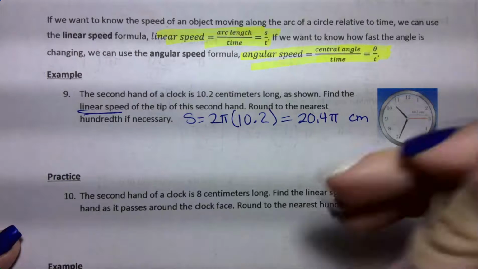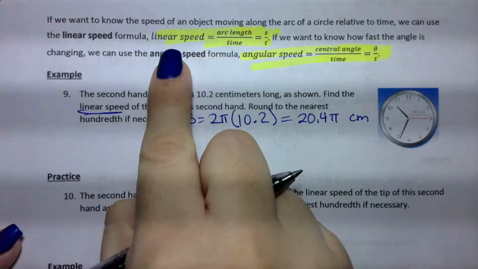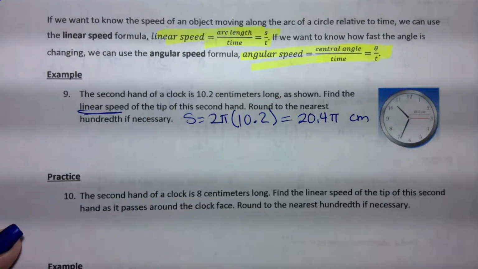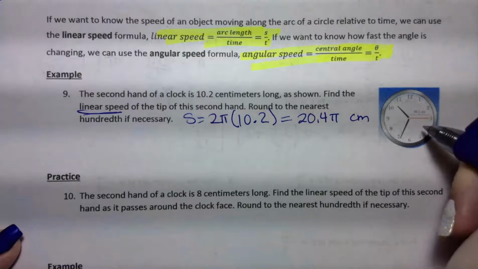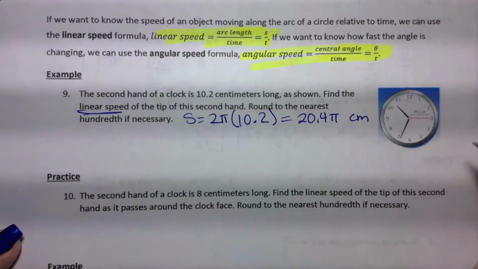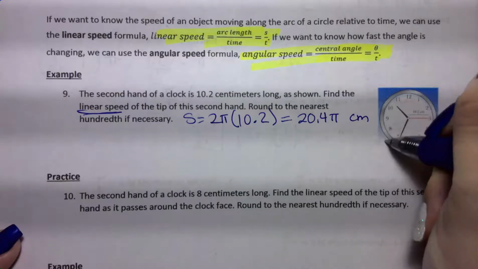And then to plug into my linear speed formula, I want to divide by time. Because it's a clock, it's going to take a full minute to travel around.